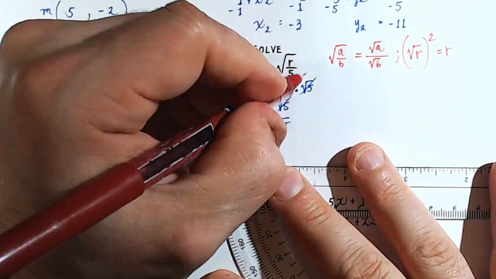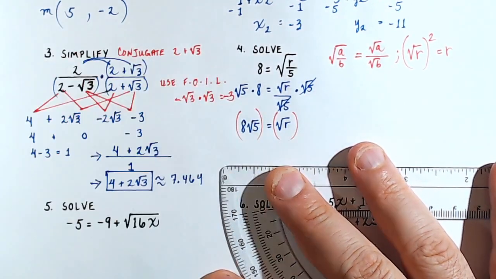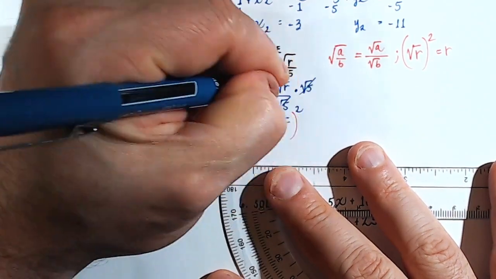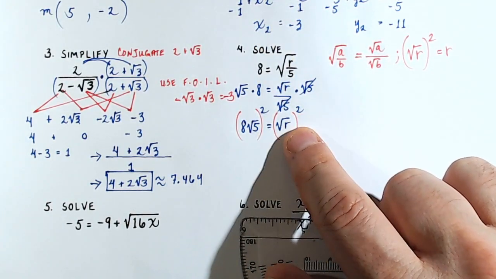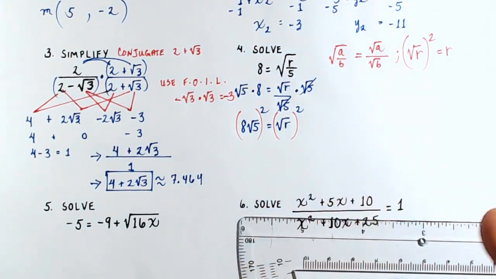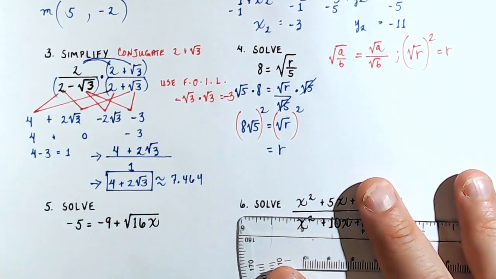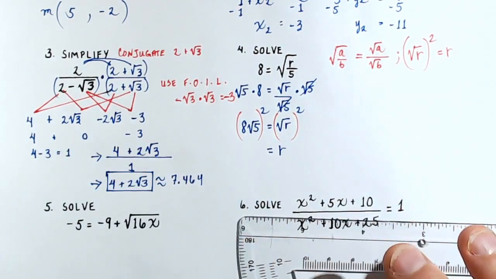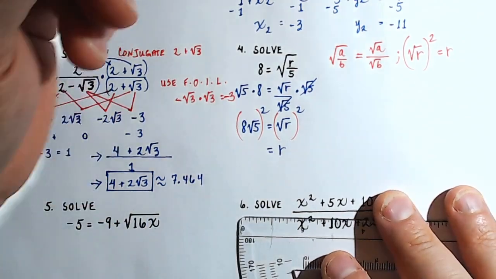So I will square both sides. Chief benefit of doing that is to get rid of the square root on the right side and isolate the r variable by itself on the right. Now I have r equals. Now, one final trick about radicals.